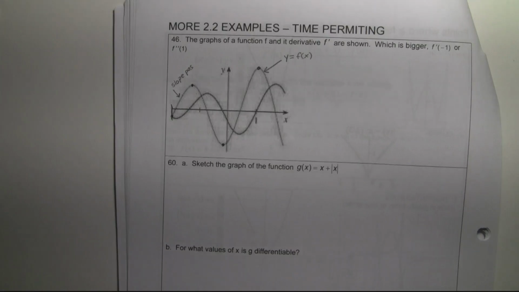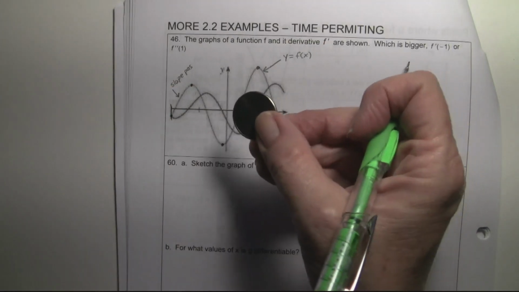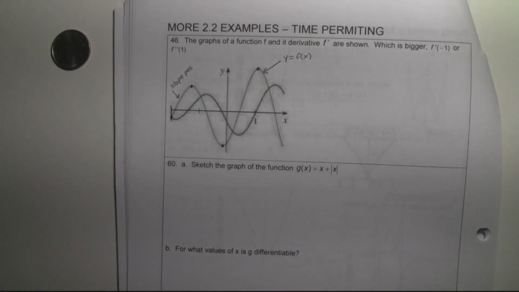And you notice it's not. Because a positive for the derivative would be above the x-axis, right? And so now I know that the one that I guessed by flipping the coin was not right. I mean, it did have all the zeros in the right place, but it doesn't have that.